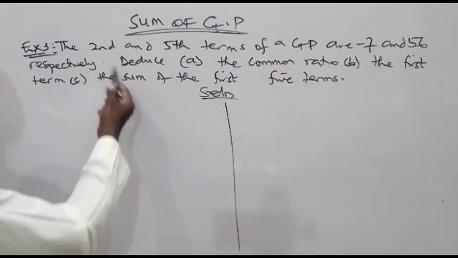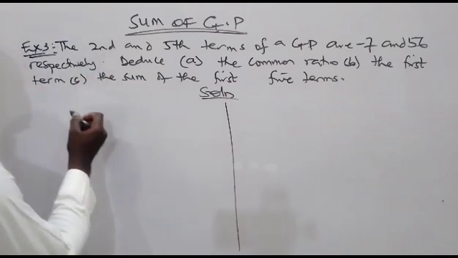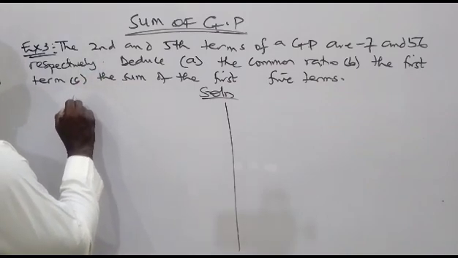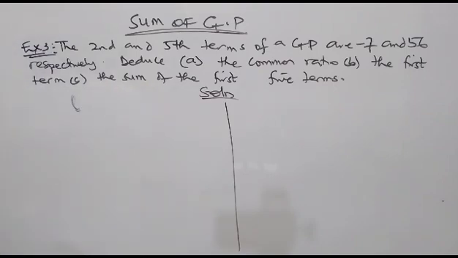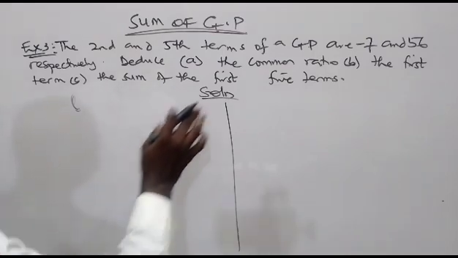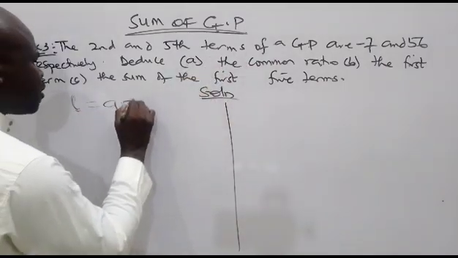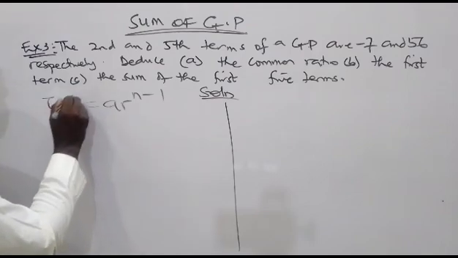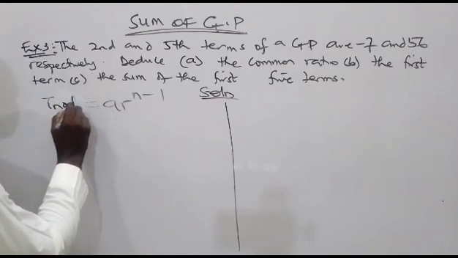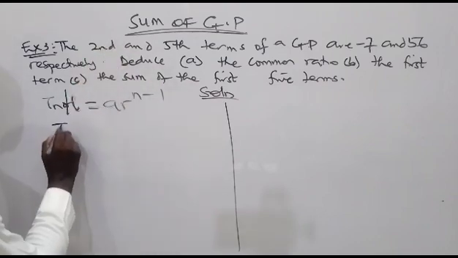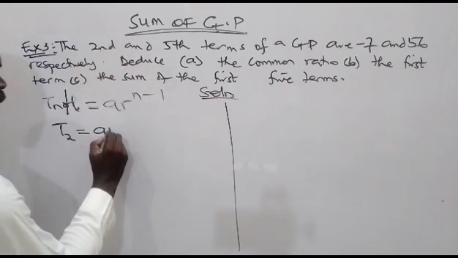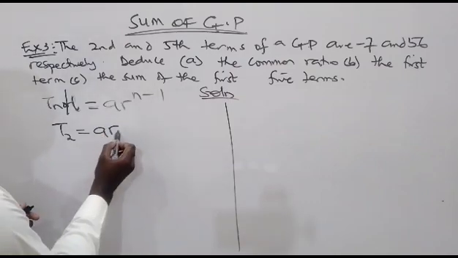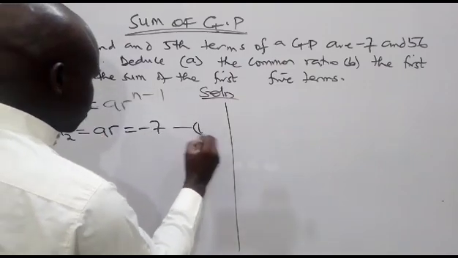In this case, what are we given? We are given the second term. Of course, the formula to find the last term, or the nth term of a geometric progression, is given as ARⁿ⁻¹. So the second term, T2, is given as AR^(2-1), that's AR, and it is given as minus 7, equation 1.